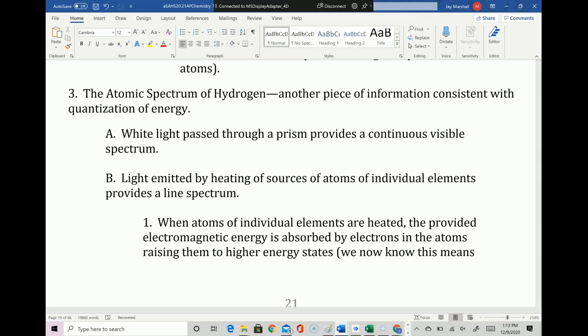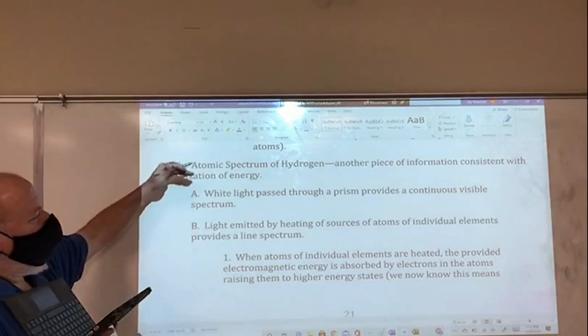We'd only just discovered electrons. We had figured out that there must be protons. We figured out there must be neutrons as well, but we didn't know how the electrons were arranged around the nucleus or within the atom, and we want to know something about that.